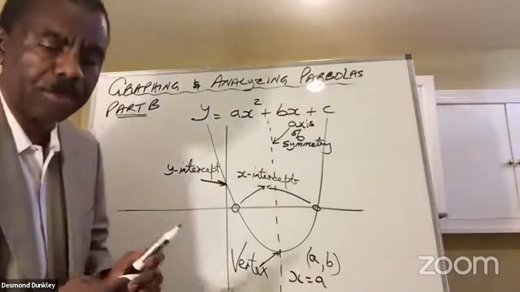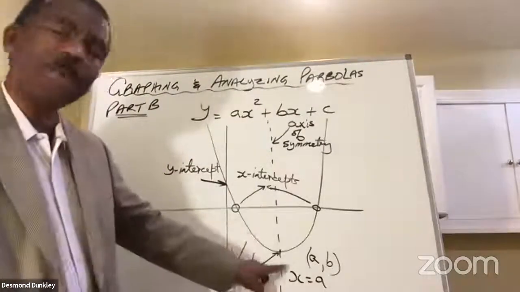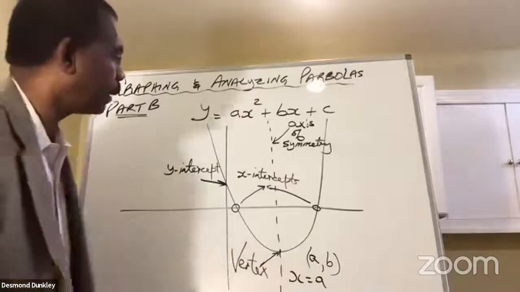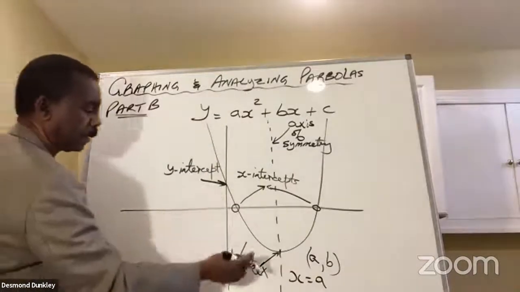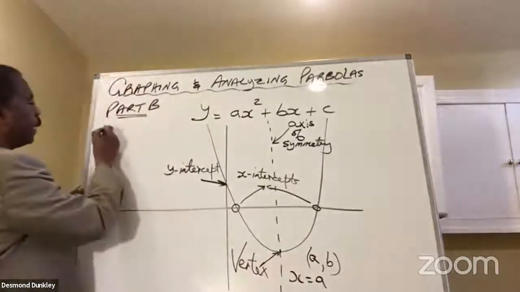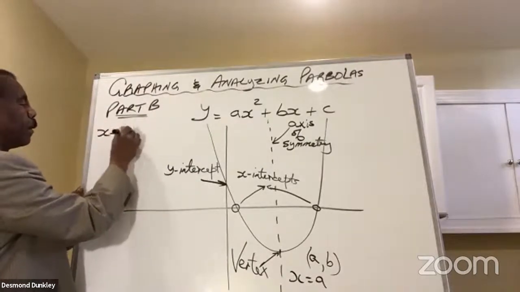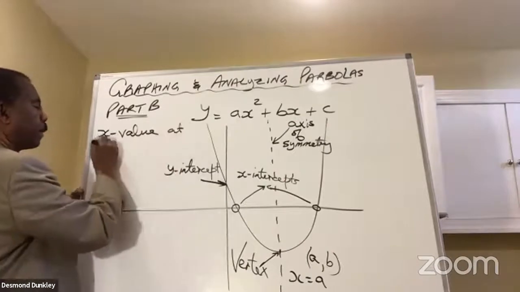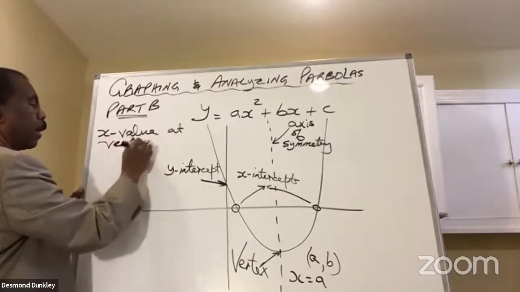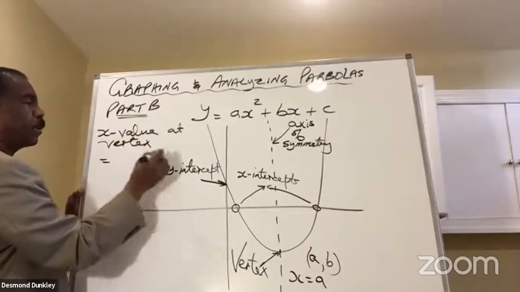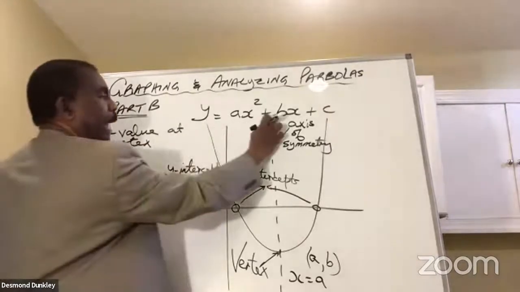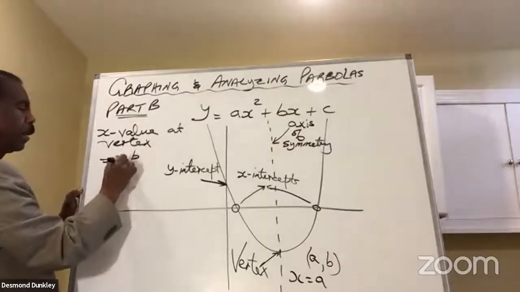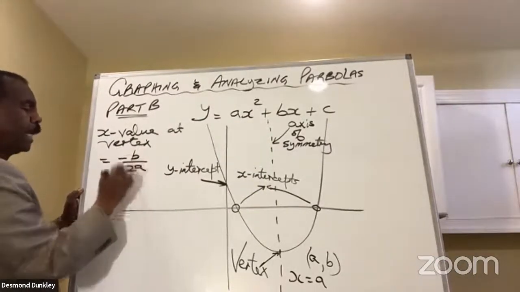Or maybe, before I do that, how do we find the vertex? I'm glad you asked. For the vertex, the x value at the vertex is equal to minus b over 2a.